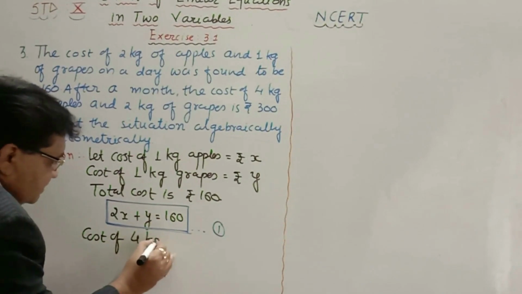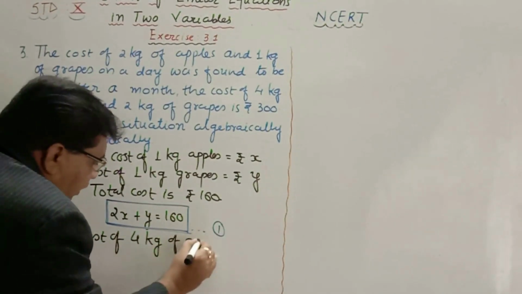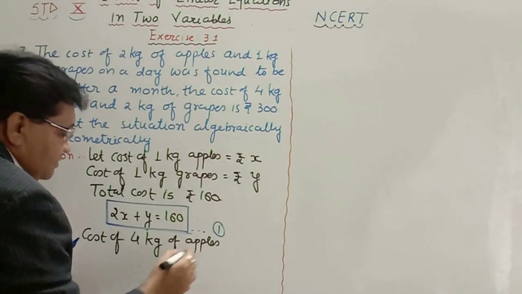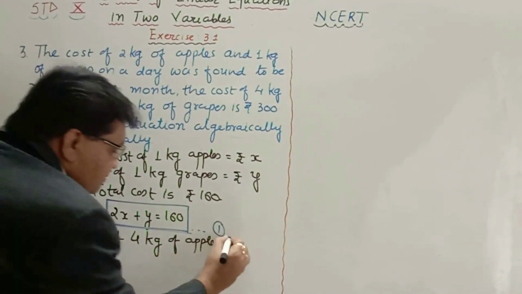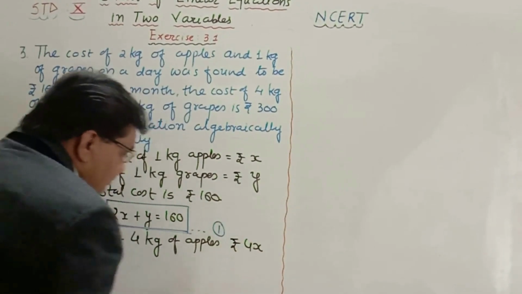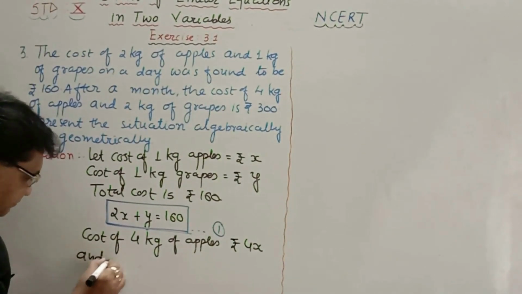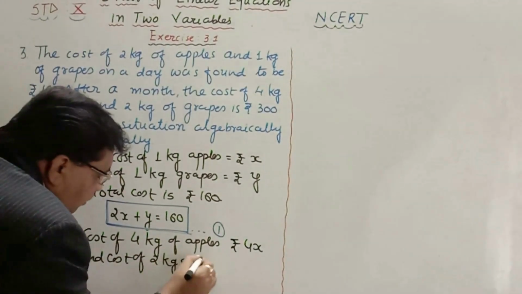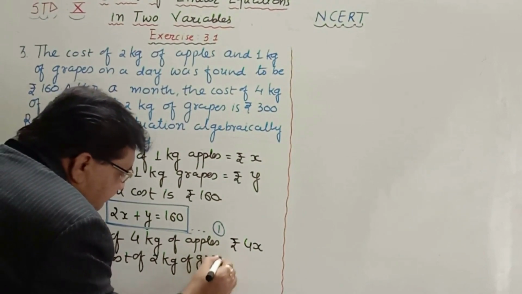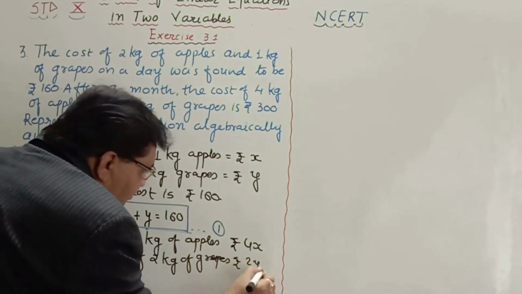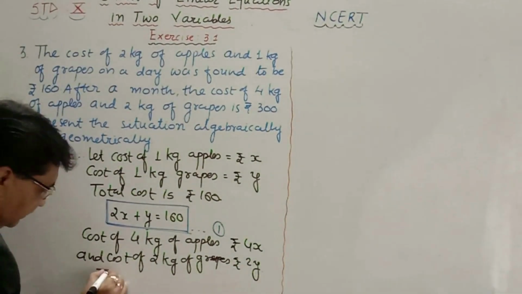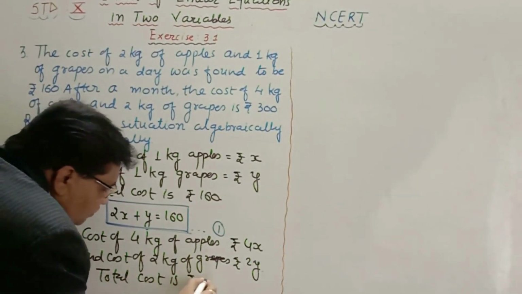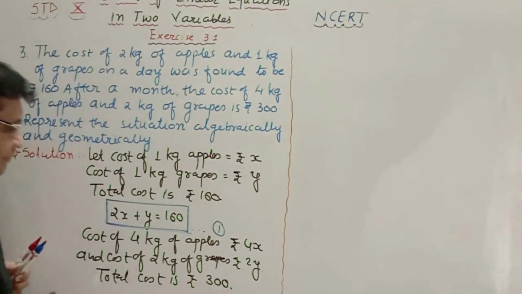The cost of 1 kg of apples is rupees x, so the cost of 4 kg of apples is rupees 4x, and the cost of 2 kg of grapes is rupees 2y. And the total cost is rupees 300.